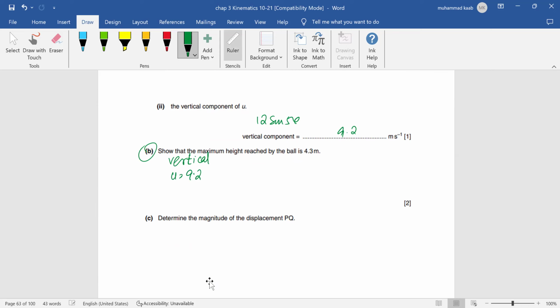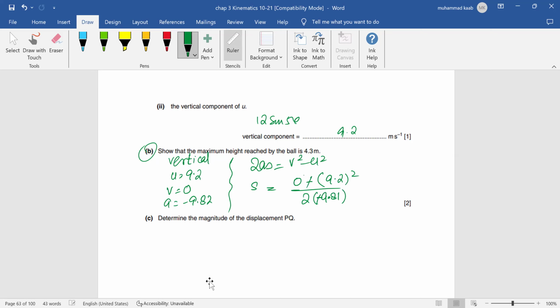Actually, you have 2as equals v squared minus u squared. Just substitute the values. S is the quantity we're interested in. The final velocity is 0, minus the initial velocity 9.2 squared, and we have 2 times minus 9.81.